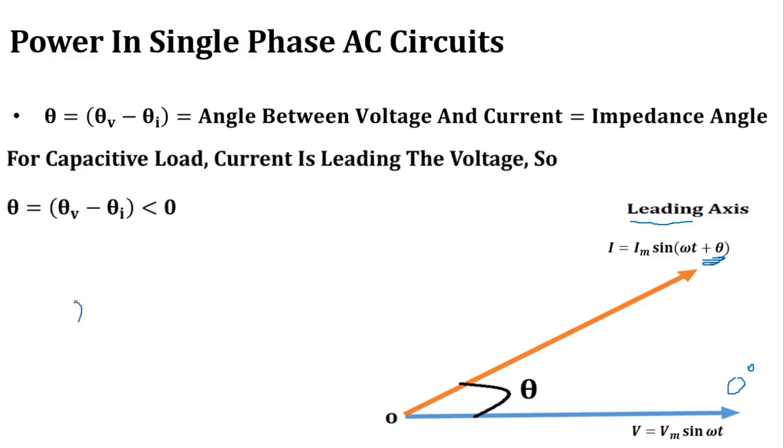Again we have to identify the value of θ. From the formula I can write θV, the angle of voltage, which is 0 degree, minus θI, the current angle, which is plus θ. So the overall angle is minus θ, and that is less than 0.